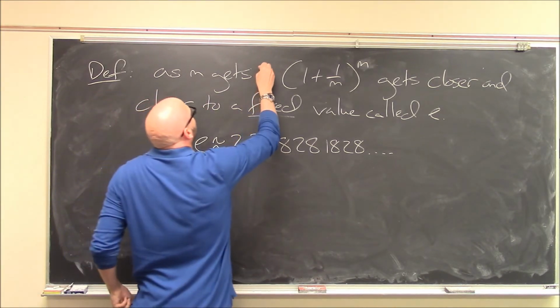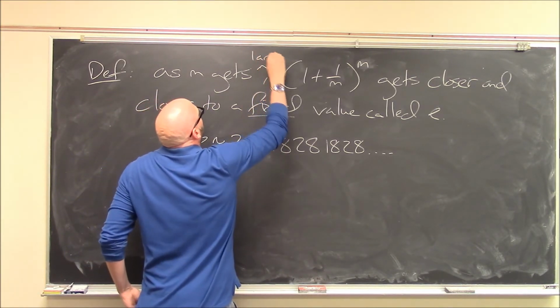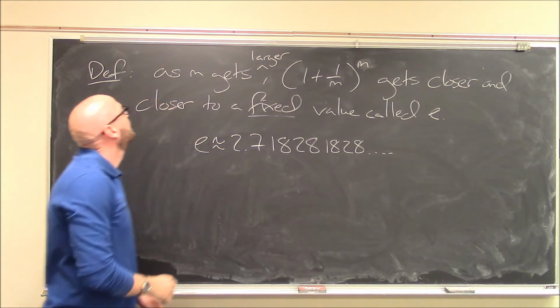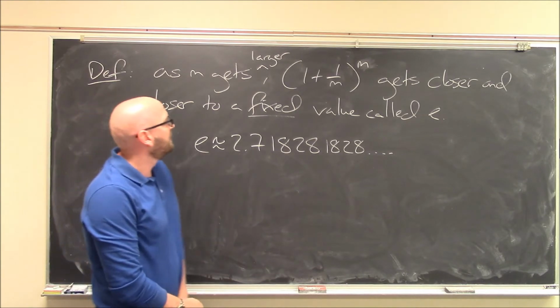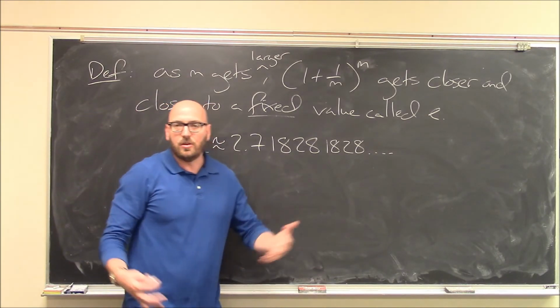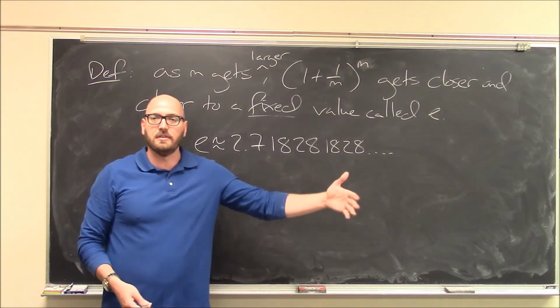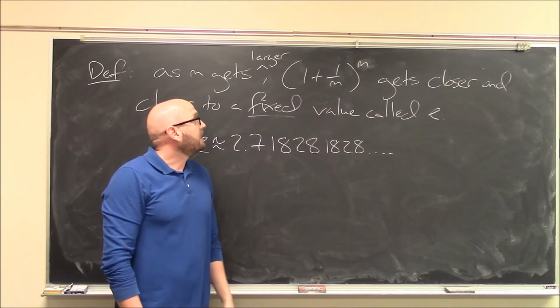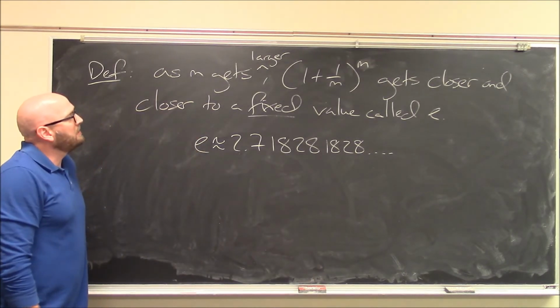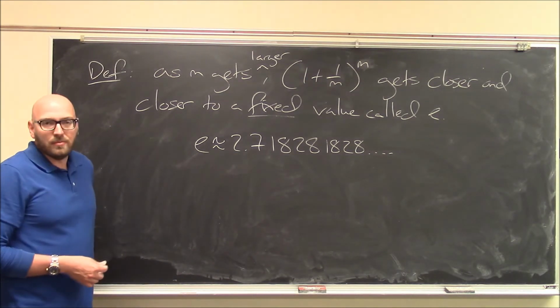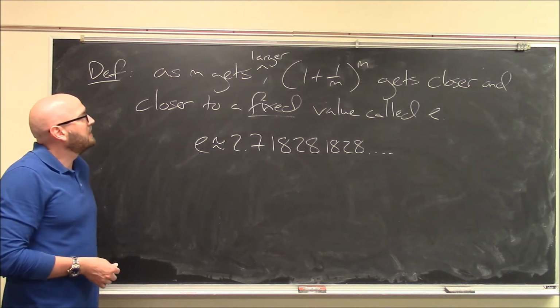As m gets larger. So this expression, 1 plus 1 over m to the m, right? So you can let m be all real numbers, 1, 2, 3, 4, 5, 6, 10, 100, a million. Compute that value for as many counts of m as you want.